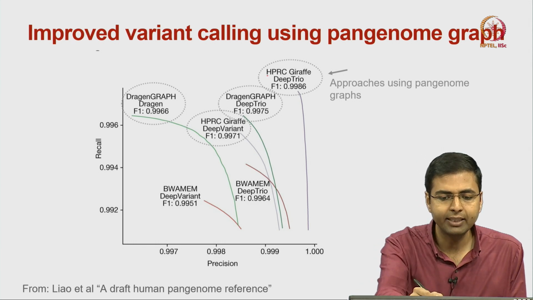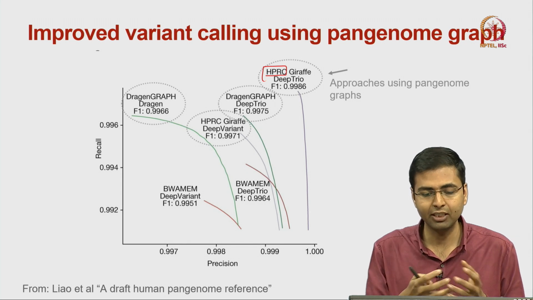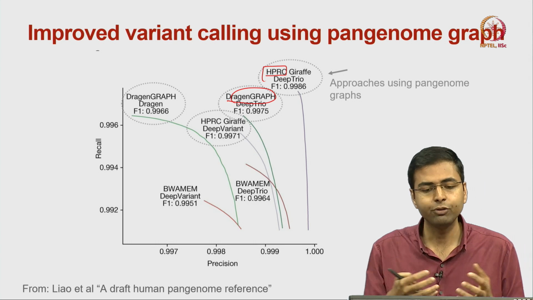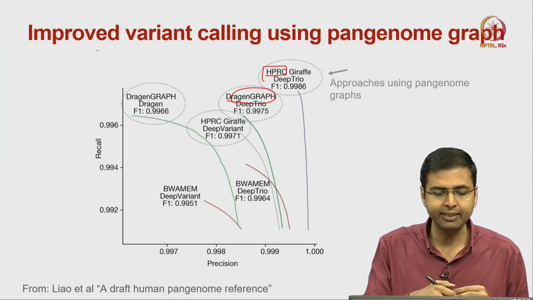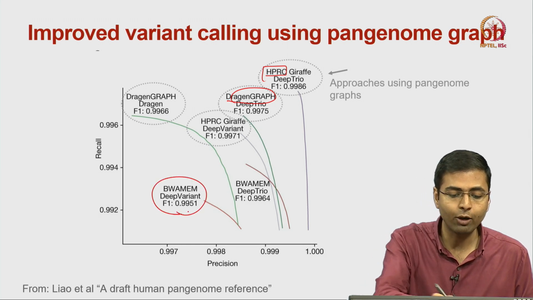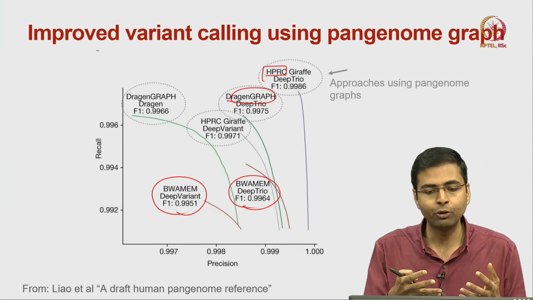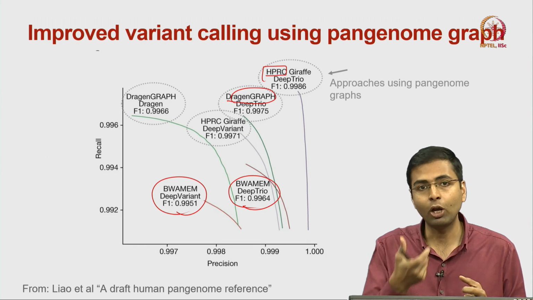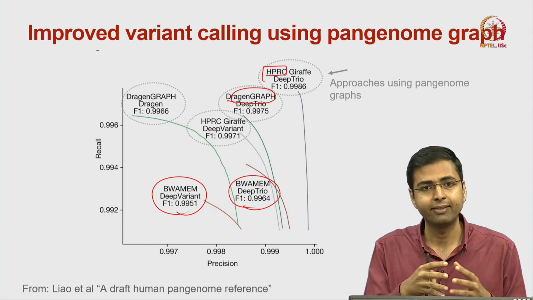This HPRC is using the human pangenome graph that we were just looking at, and this Dragon graph is a graph used by a proprietary software called Dragon. In all 4 cases, we can see that compared to the approaches that rely on a linear reference genome, the approaches that use a graph based pangenome reference achieve a higher F1 score. This is mainly coming from the polymorphic regions in the human genome where the read mapping using linear references can be inadequate.